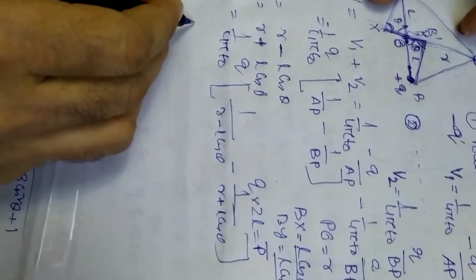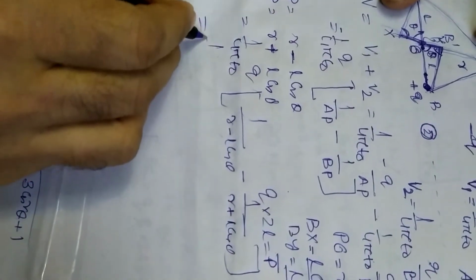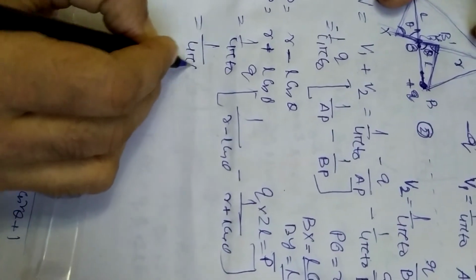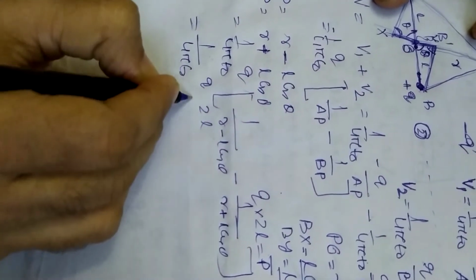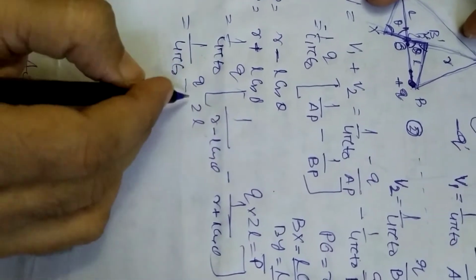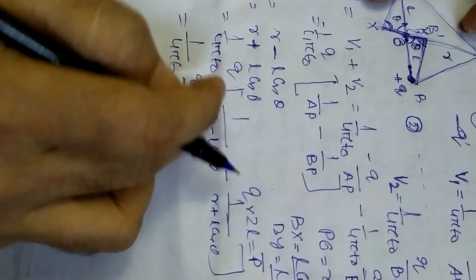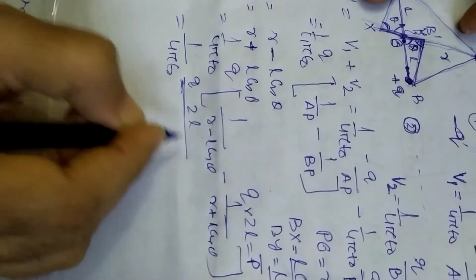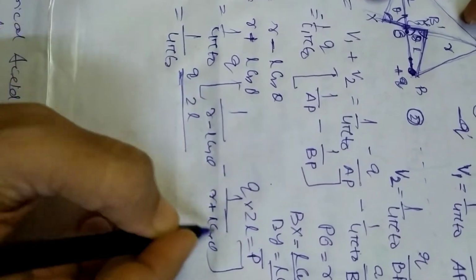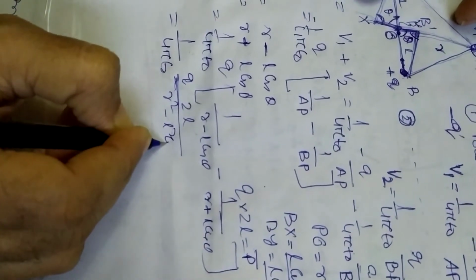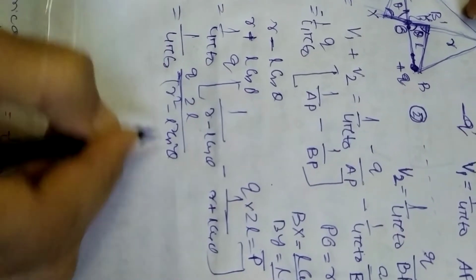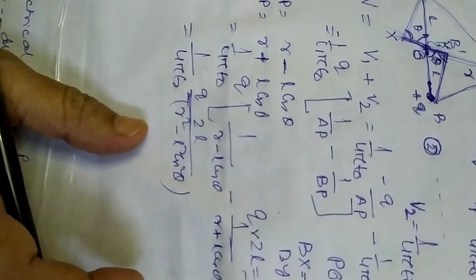This one we will be simplifying, and you just do it yourself and you will get the same result. Q divided by 2L. Okay, here R and R will cancel each other, and in this case A plus B and A minus B become R square minus L square cos square theta. Clear? This is the equation we are getting.